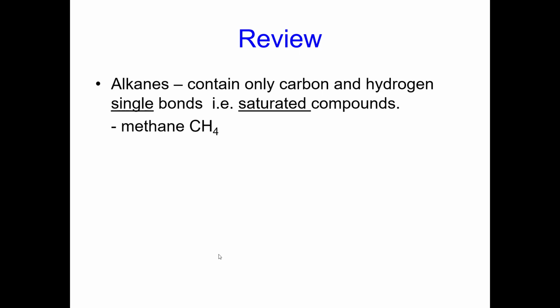Okay, back to what we're talking about. So, methane. Methane is the most simplistic, the smallest organic molecule. 1 carbon surrounded by 4 hydrogens. We're breaking down our nomenclature here, okay? For an organic molecule that only has 1 carbon in it, the prefix, the first part of the word, is always going to be meth.